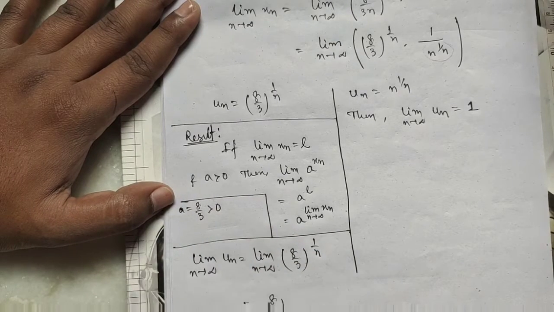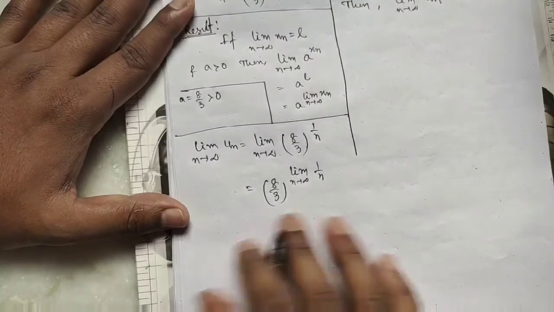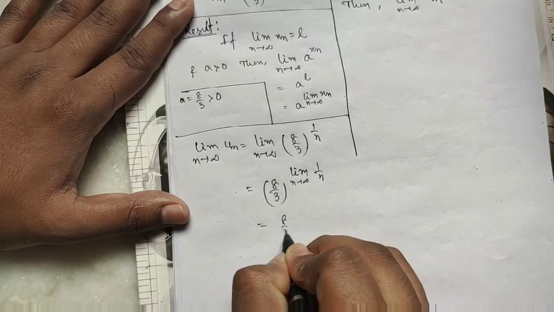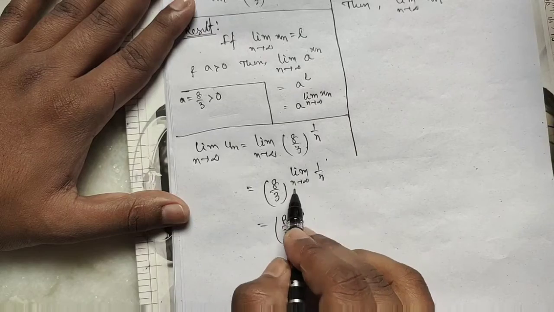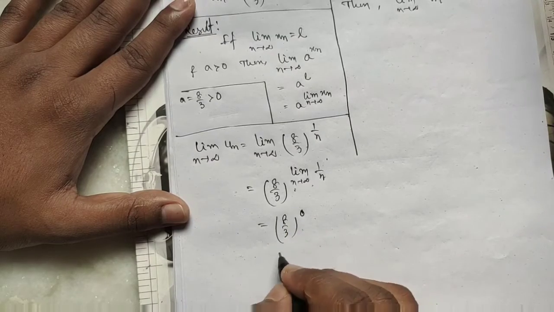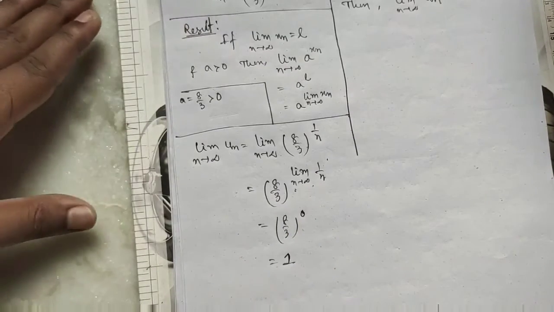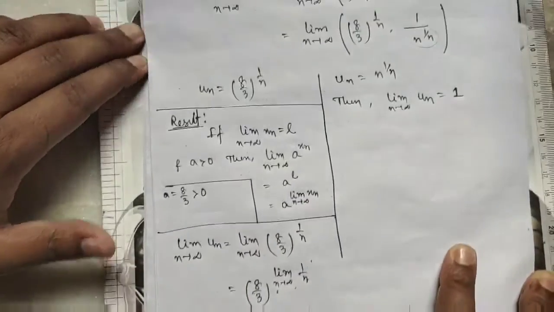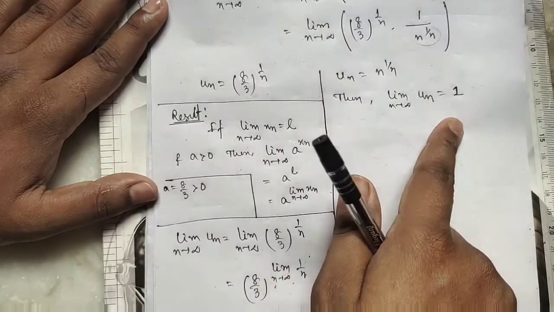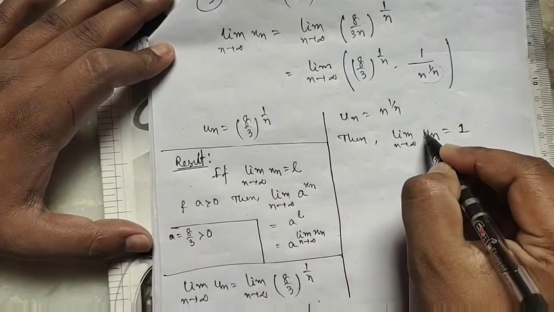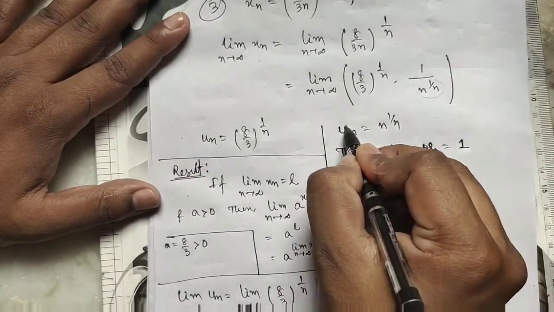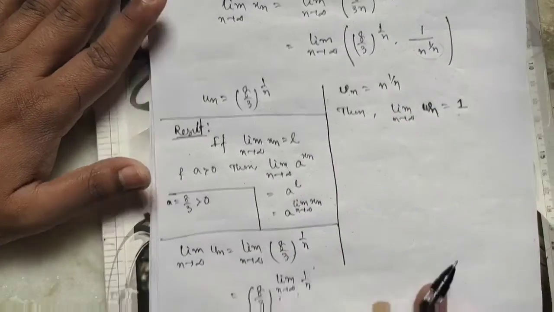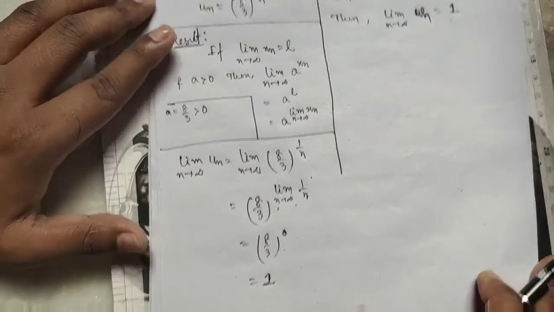So this equals (8 by 3) to the power limit n tends to infinity 1 by n. Limit n tends to infinity 1 by n equals 0, so this is 8 by 3 to the power 0, which is 1. So limit un equals 1, and also limit vn equals 1.